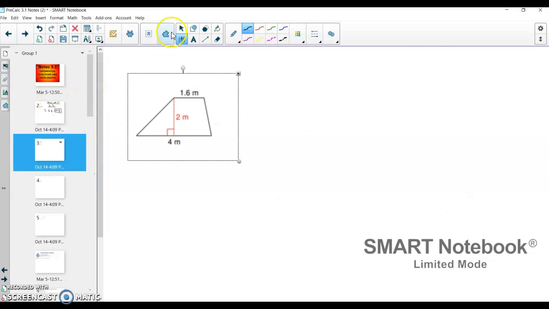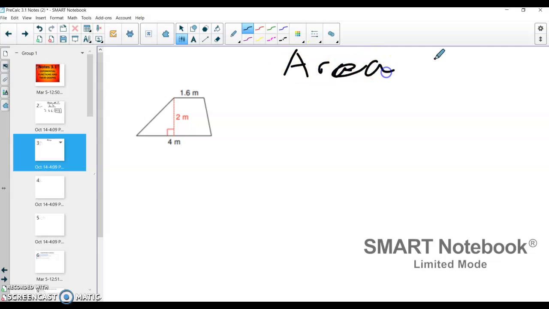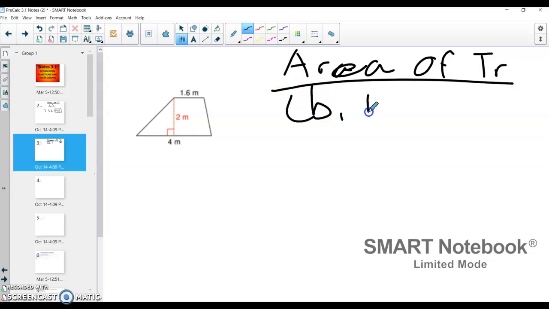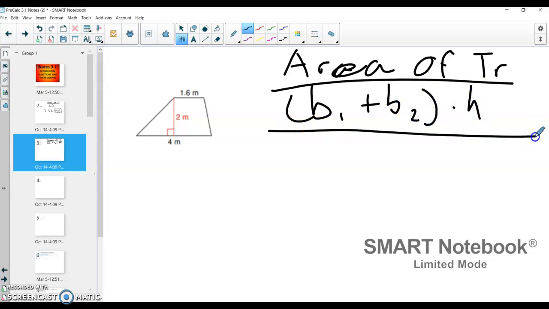Trapezoid area is a little different, but it was based off the lesson we learned. It's based off of the parallelogram, but it's different. And so we see it as area of trapezoid is base 1 plus base 2 times the height, and all of that gets divided by 2.